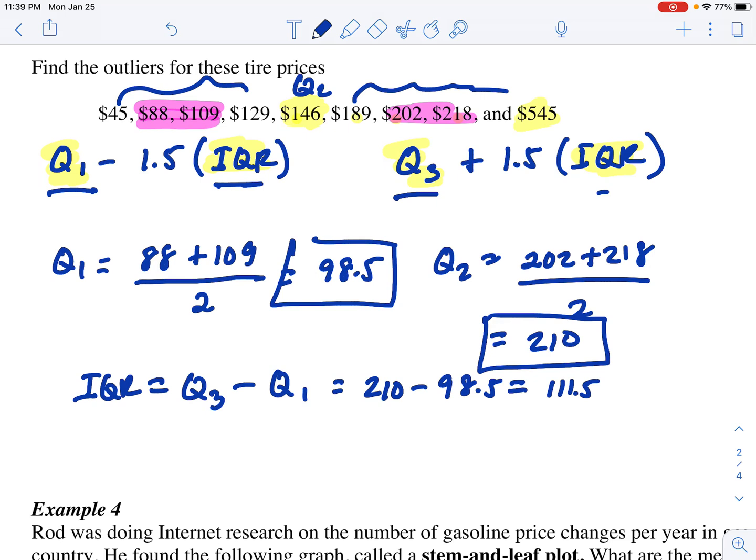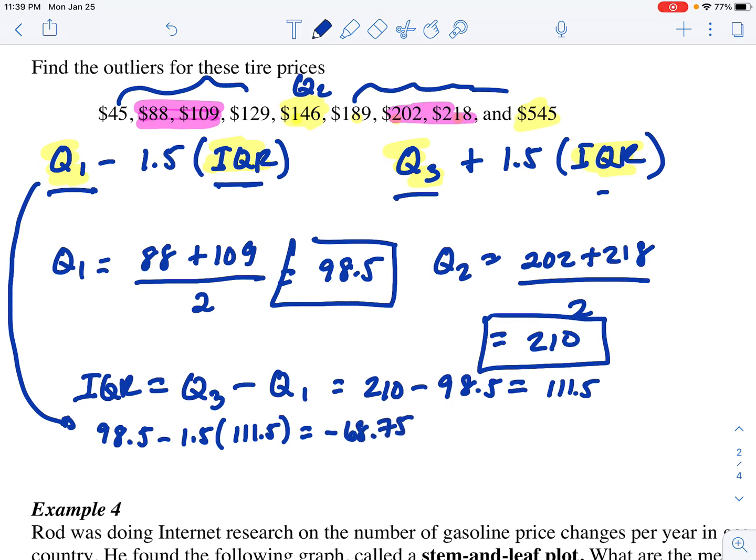So now we have everything we need to plug in. So we're going to find the lower outlier. So we're going to take our Q1, 98.5 minus 1.5 times 111.5. Okay? And that one equals negative 68.75. Okay?